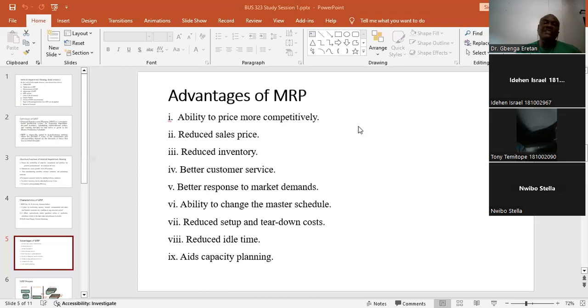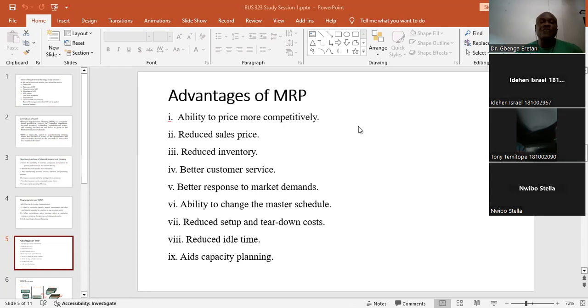Reduce setup and tear down cost. And what is setup cost and tear down cost? Tear down cost is called depreciation cost. Setup cost is the capital that is needed to bring in some things. Once you have an effective material requirement planning, where you are able to plan for the raw materials, for the materials that are needed in the manufacturing sector in order to achieve your desired level of output, you will ensure efficient use of the machine.